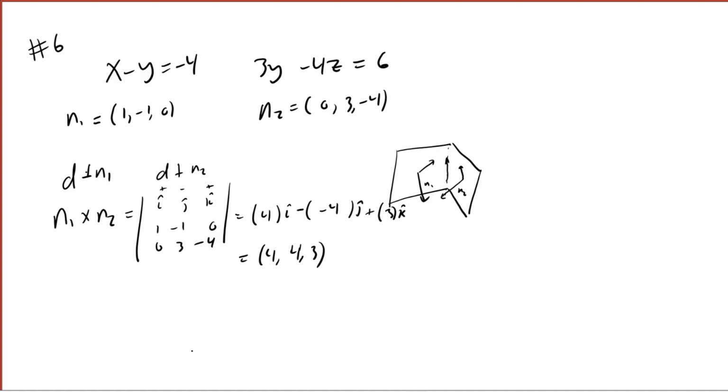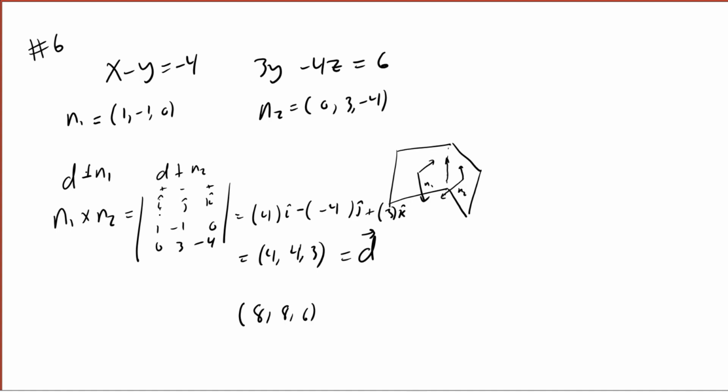Now, I could have a direction vector that's a multiple of this, right? It's totally possible that it's, let's see, 8, 8, 6, a multiple of this. It also points in the same direction, so it would work just as well as the one we found. So any multiple of that would be fine. However, none of the answer choices seem to be a multiple of that. I'll check one more time that I did my determinant correctly.